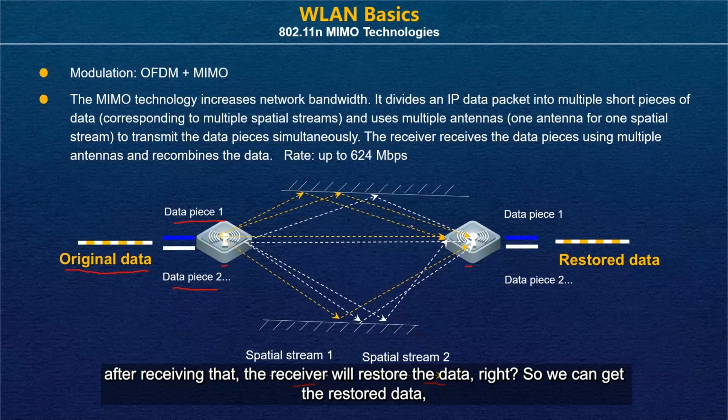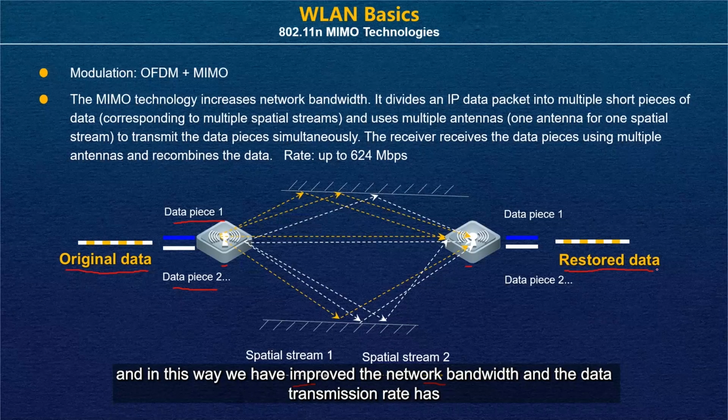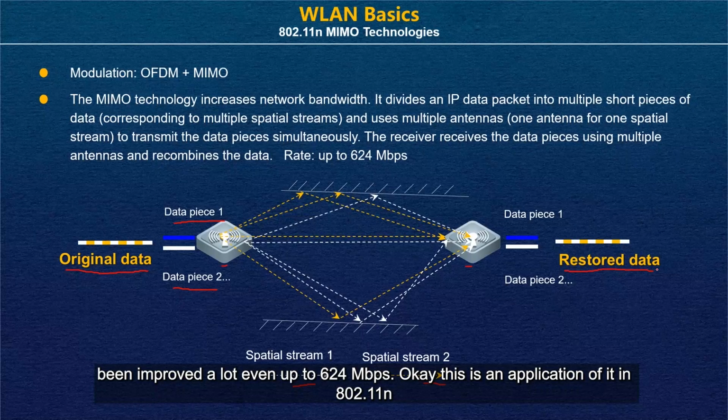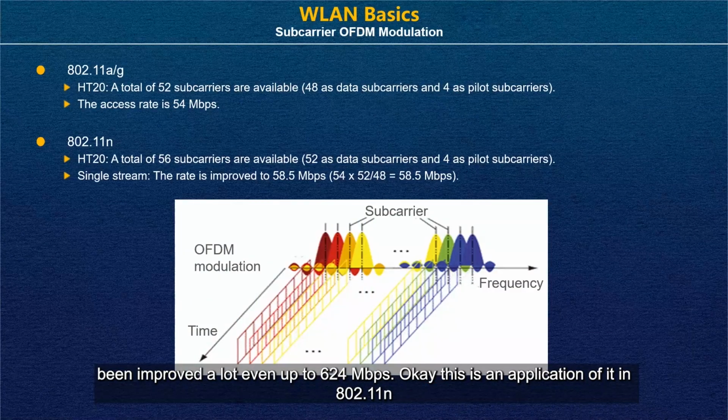And of course, after receiving that, the receiver will restore the data, right? So we can get the restored data. And in this way, we have improved the network bandwidth, and the data transmission rate has been improved a lot, even up to 624 Mbps. Okay, this is the application of it in 802.11n.